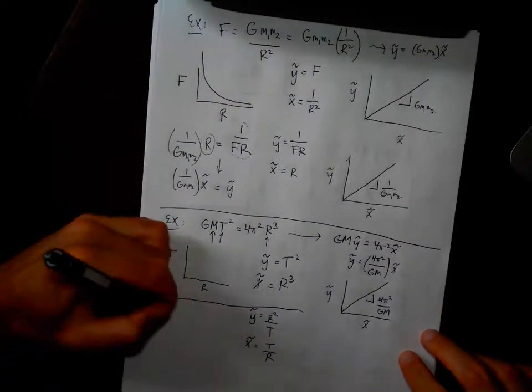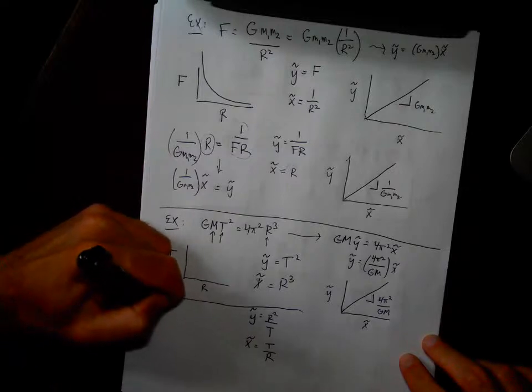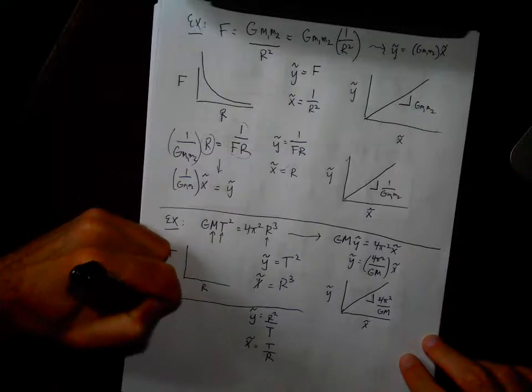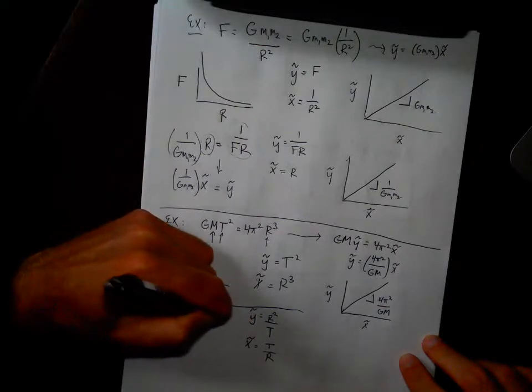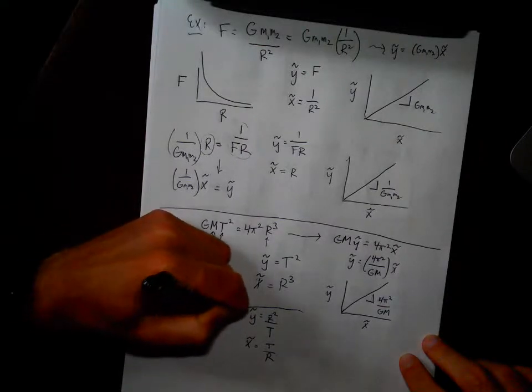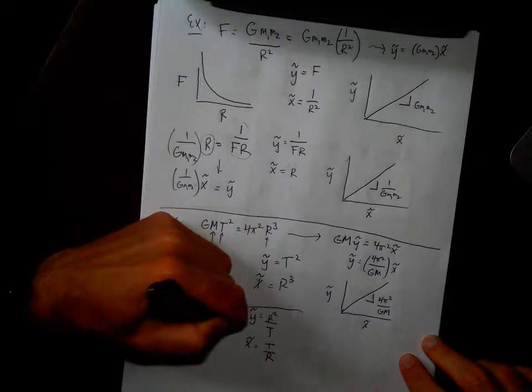In that case, I could rewrite Kepler's law as G M times T over R equals 4 pi squared R squared over T.